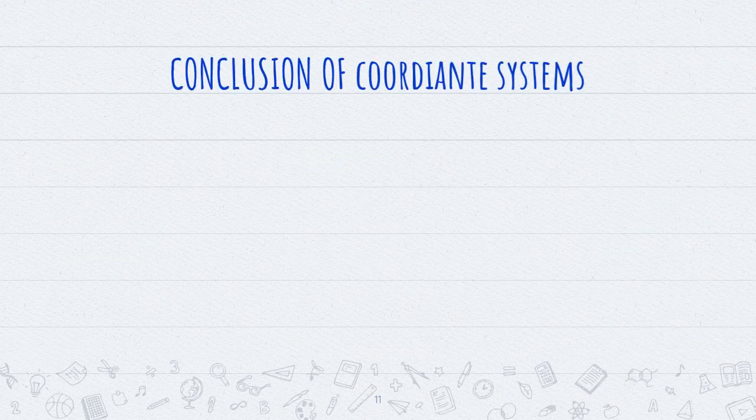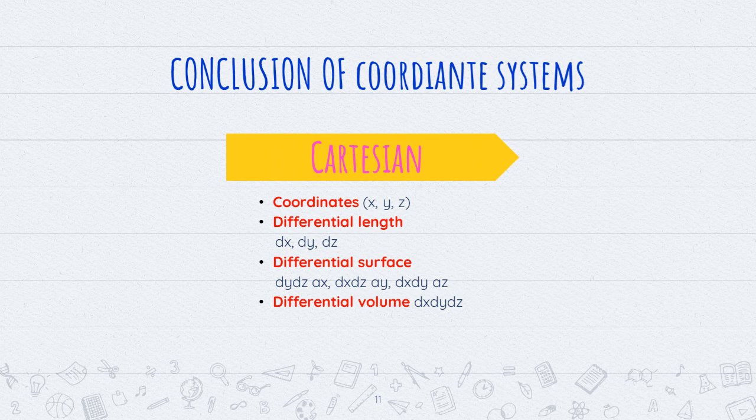Now, let me conclude the Cartesian coordinate system. Whatever we discussed, let us conclude from the beginning. In the Cartesian coordinate system, the coordinates are x, y, and z.